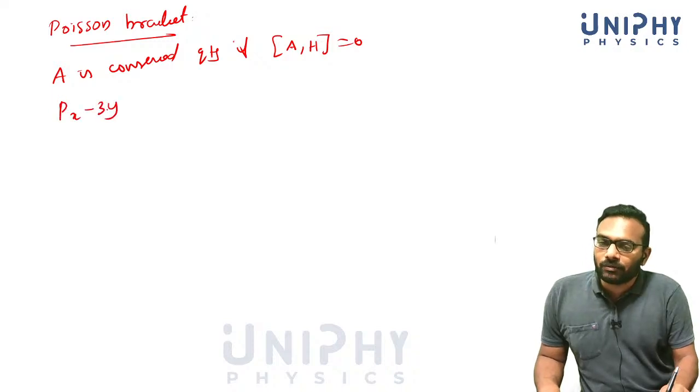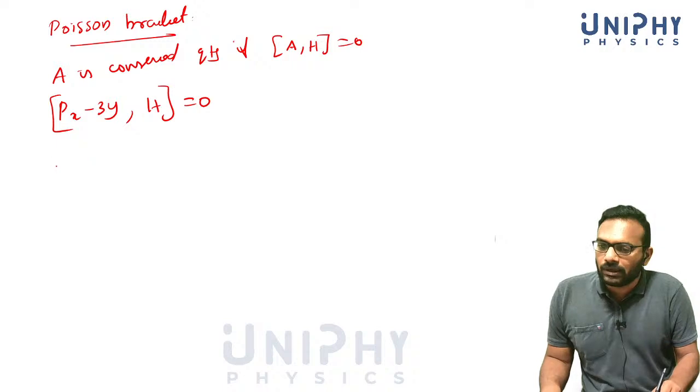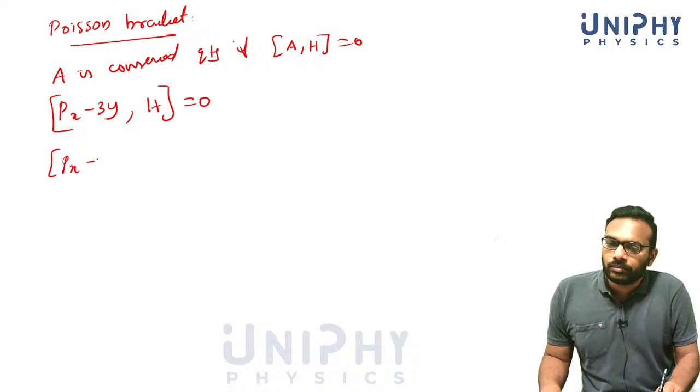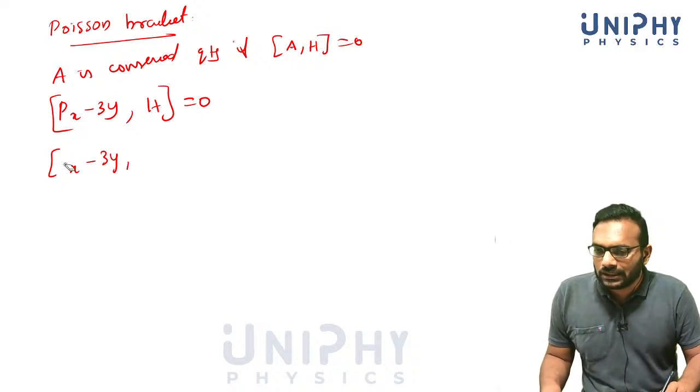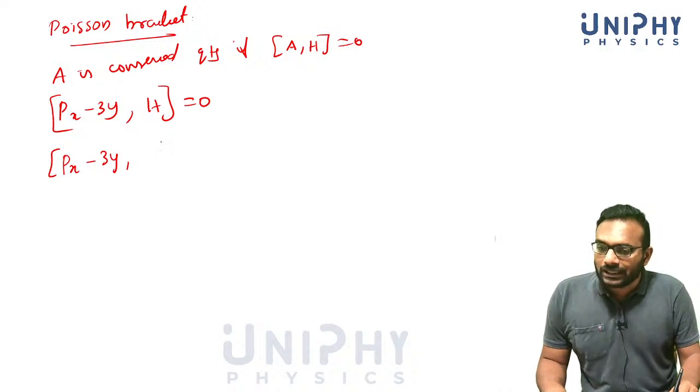So immediately we know that if, for example, px minus 3y is conserved, the Poisson bracket with the Hamiltonian has to be equal to 0. Now you just substitute the Hamiltonian here: the bracket of px minus 3y with H. These are Poisson brackets. It looks like the commutator, but since we are dealing with classical mechanics, we will just use the square bracket. And you just write H here.